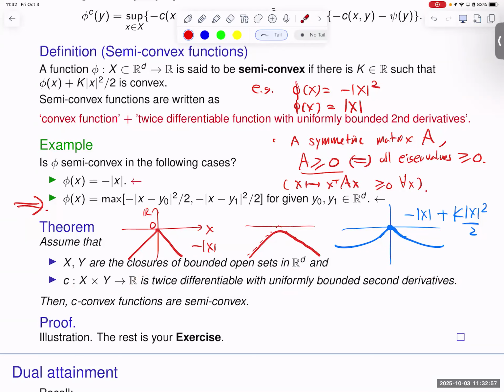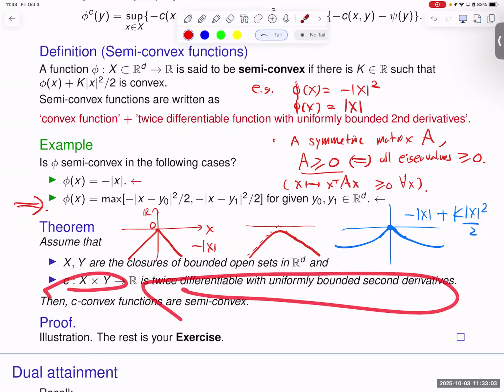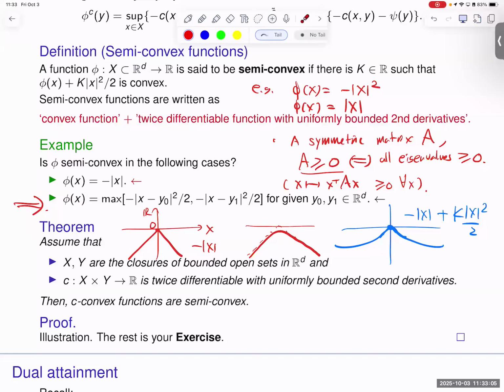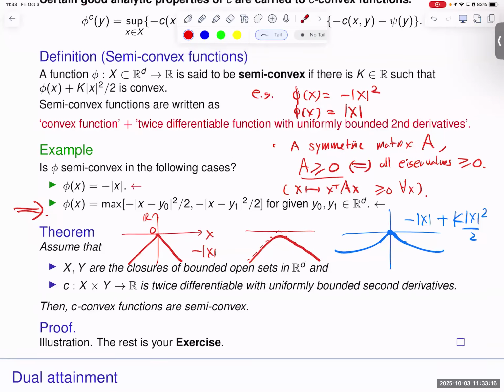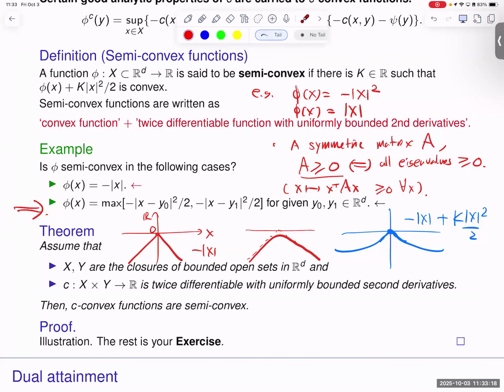I should be careful about it. At least let me say this, just to be on the safe side. If your function has a uniform second derivative, then the corresponding c-convex functions are also semi-convex, with the same constant K.